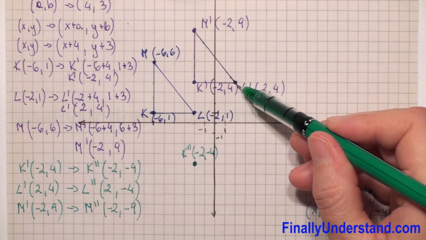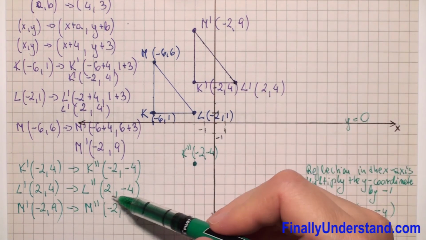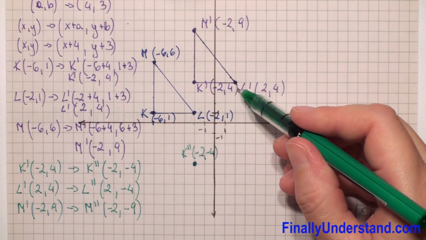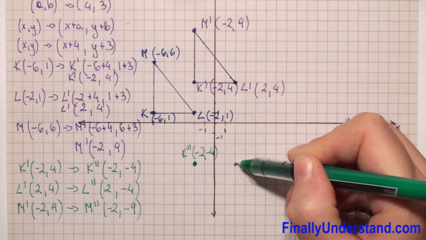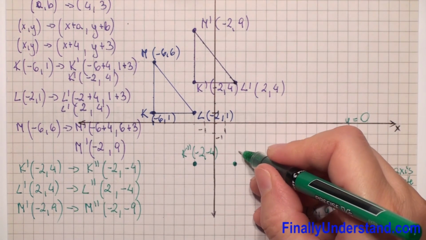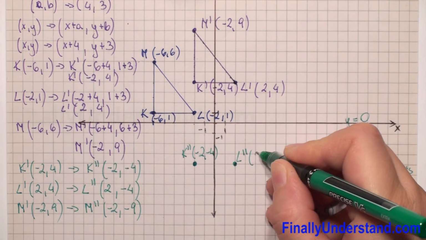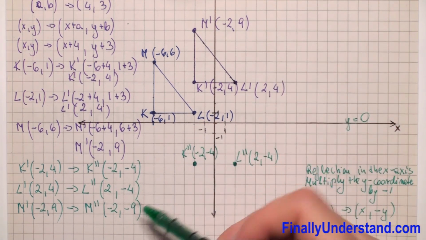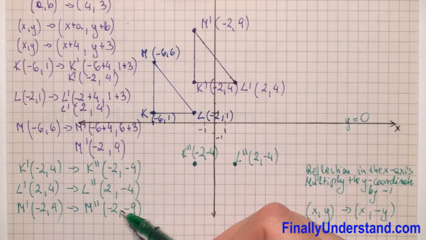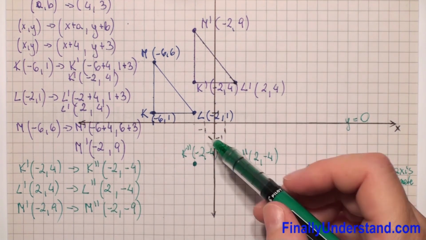Now L double prime will be 2, -4, so 2 and -4 we have here. This is our L double prime, 2, -4, and point M double prime has coordinates -2, -9.